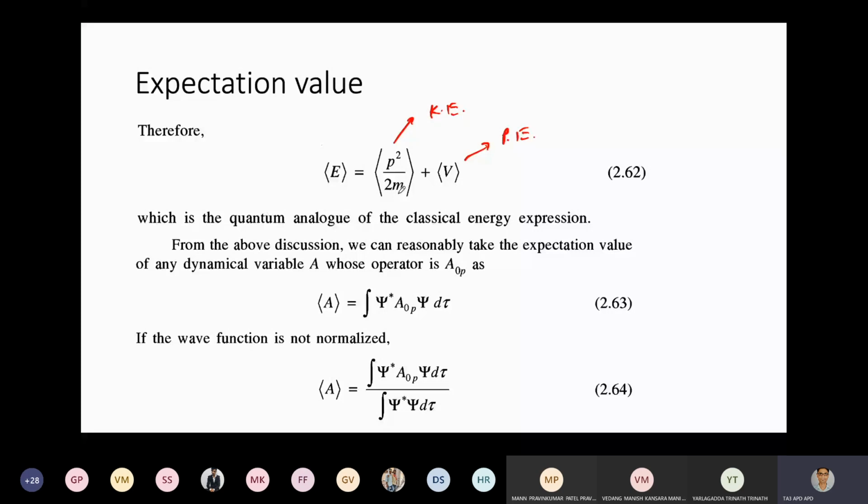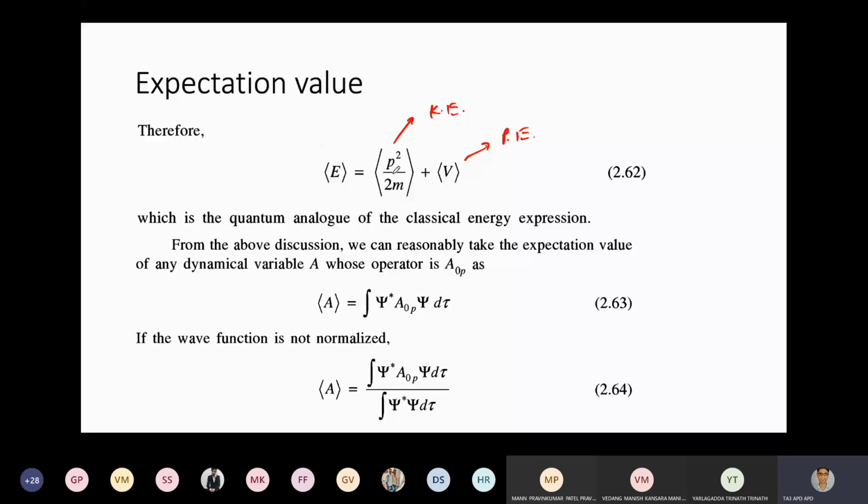So that means we are easily able to justify that the classical expression we take, E equal to p square by 2m plus potential energy, is simply a special case of quantum mechanics, right? And from this one can write down the expectation value of any dynamical variable.